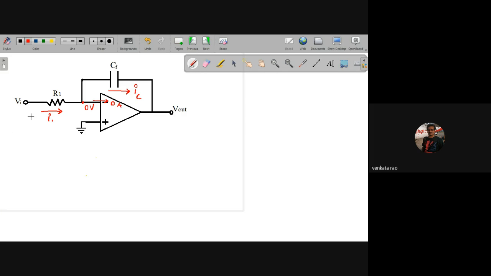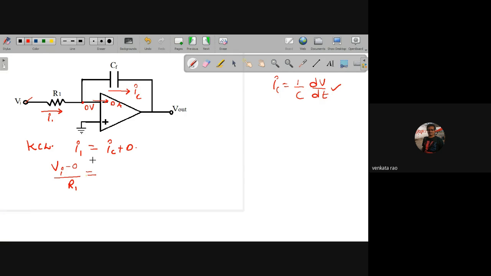Now applying KCL at this point, I1 entering is equal to IC leaving plus 0. I1 is written as (Vi minus 0) by R1, equal to IC. The current through the capacitor is C into dV by dt.